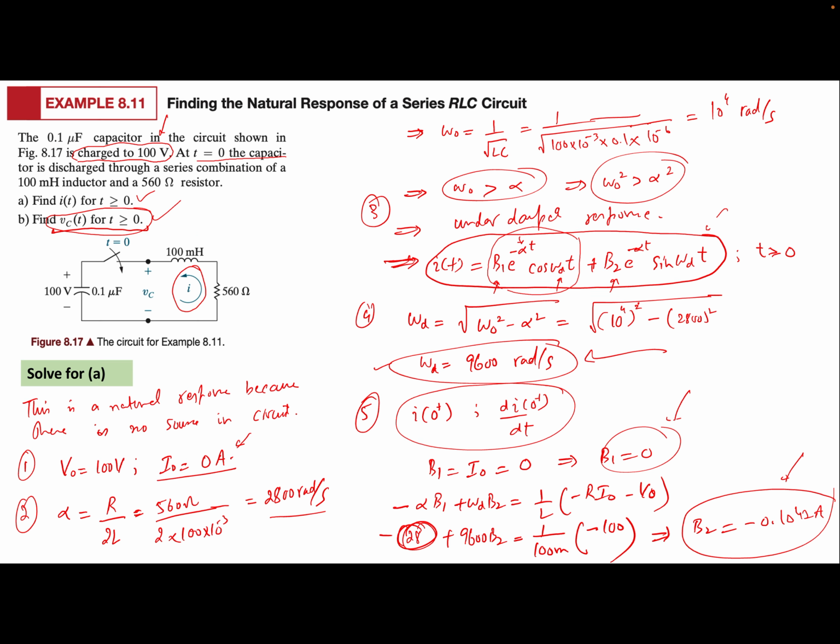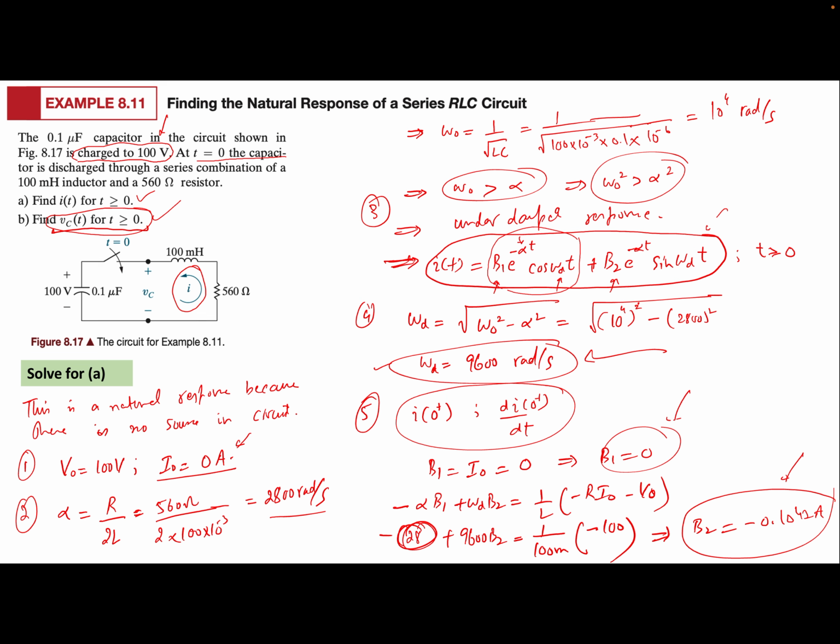Again, a very simple example. All you need is a table and a very simple process. We have done this process so many times: starting with the initial conditions, finding the values of alpha and omega naught, figuring out which one is greater, picking up a response, using that response as the equation and figuring out what variables you need to find. If it is specific to the underdamped response, then you need to find omega d, otherwise not.